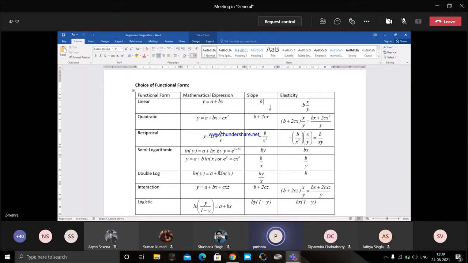As income increases, you are saying that marginal propensity to consume decreases. That means people spend relatively less as the income increases. Indirectly, we can say that people save relatively more as income increases.